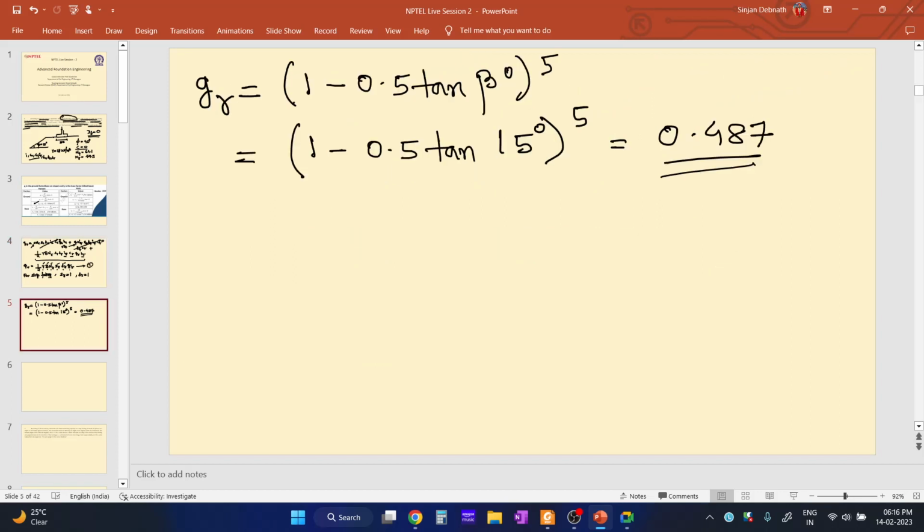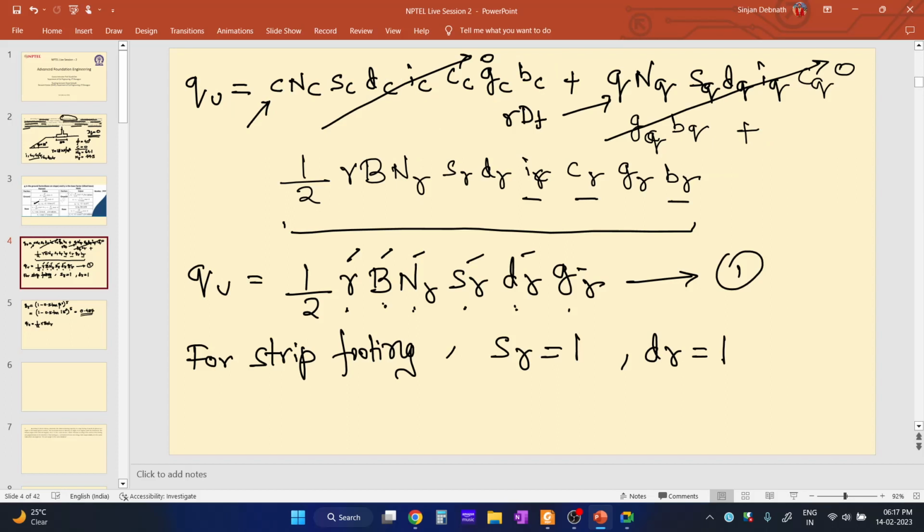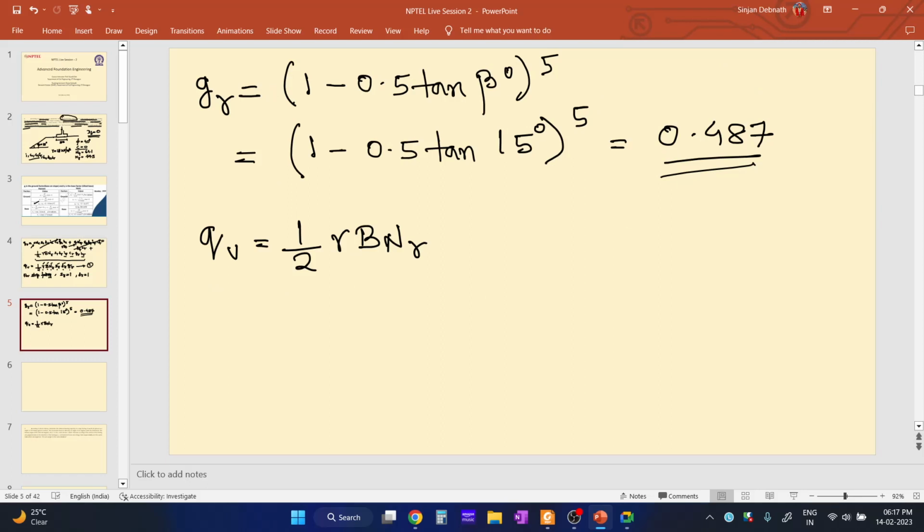So let me write the equation once again. Qu is equal to half into gamma B N gamma, shape factor, depth factor and sloping ground factor.